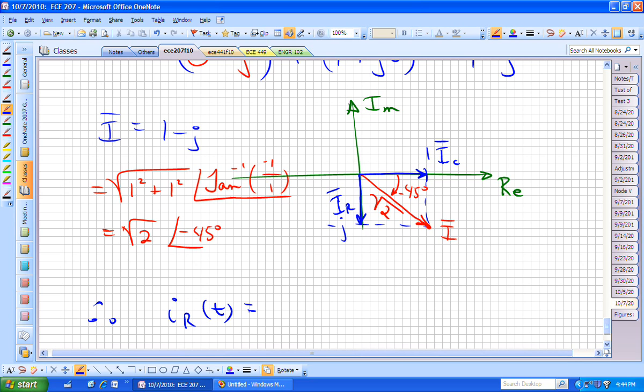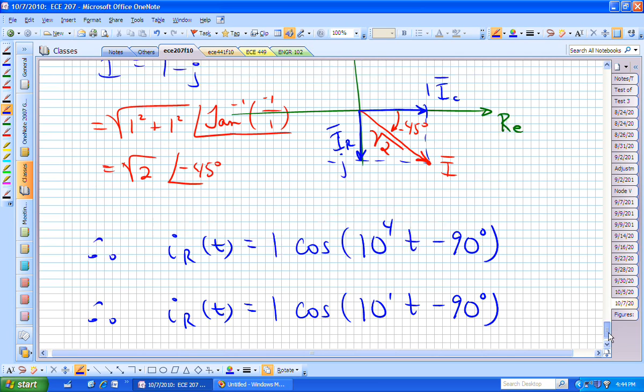What is that in the time domain? 1 cosine omega t minus 90 degrees. Does everybody see that? Omega is 10 to the 4th. Now we pull it off of our napkin. That's coming because we know the angle is minus 90. We know the magnitude is 1.